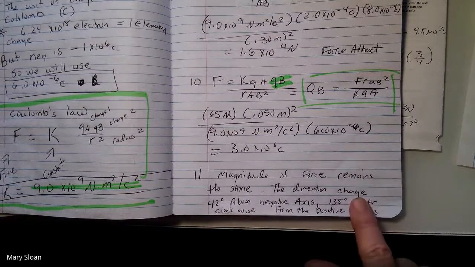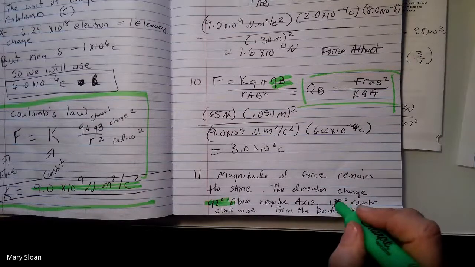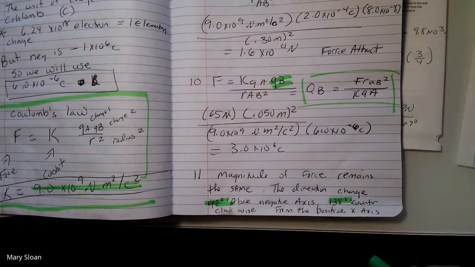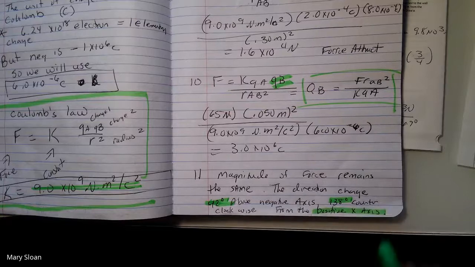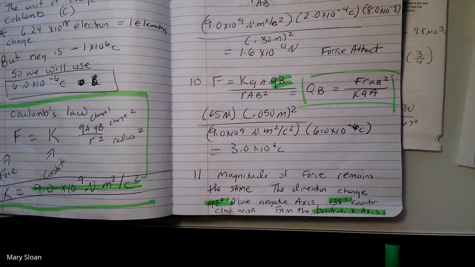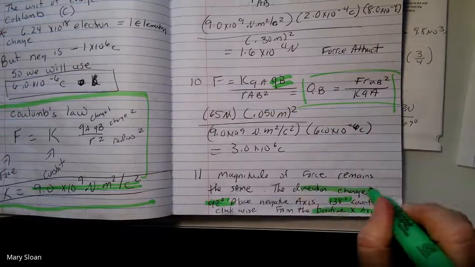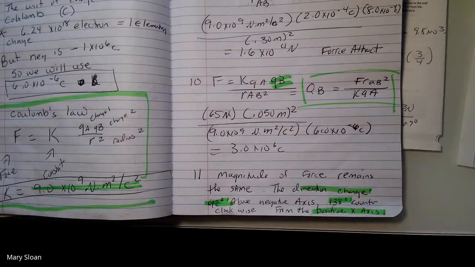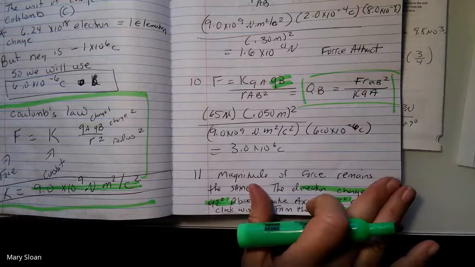Your axis is negative 138 counterclockwise, and they're both on the positive axis. So for number 11, if you have 42 degrees as the directional change, that your axis is 138, and that you have a positive on the x-axis, that will be acceptable.